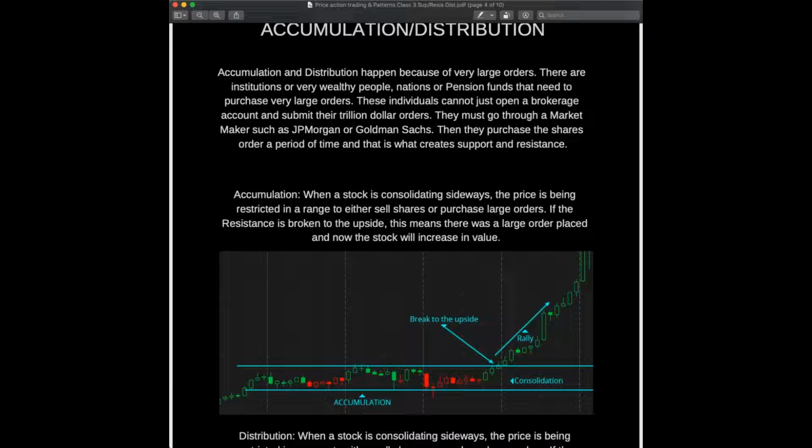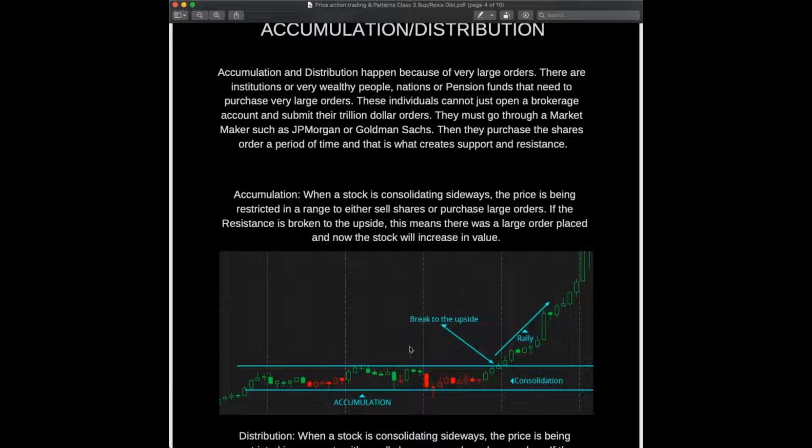So to prevent influencing the market, they spread out their order and distribute it over time, or accumulate it over time. Because if they just bought Apple in one day, $1 trillion, or $1 billion, whatever it is, it's going to affect the stock. It's going to manipulate the stock. It's going to increase it rapidly. And they don't want that kind of market manipulation.